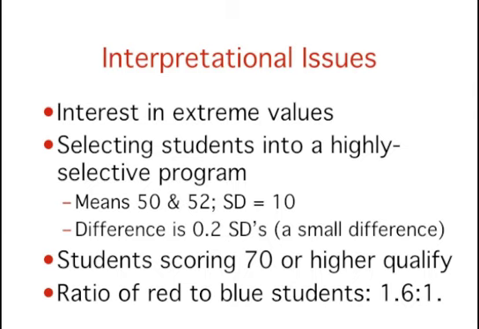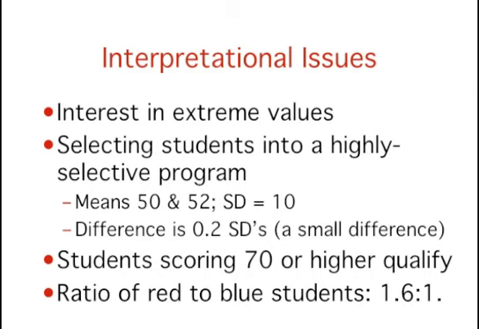Now assume that only students who scored 70 or higher would be selected for the program. Would there be a big difference between the proportion of blue and red students who would be able to be accepted into the program? It turns out that the proportion of red students who would qualify is 0.036, and the proportion of blue students is 0.023.